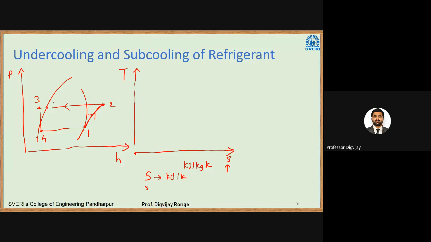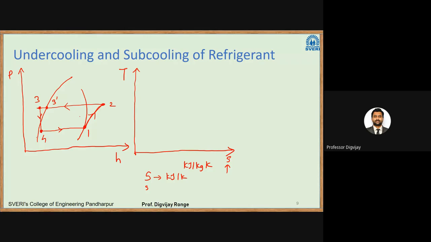It reaches point 3 dash, which is a saturated liquid point. If I cool the saturated liquid further, it will be subcooled. So I have point 3, which is subcooled. Then it will pass through the expansion valve and come to point 4. That will be the entry of the evaporator. It will pass through the evaporator and reach point 1. So this is how the cycle repeats.